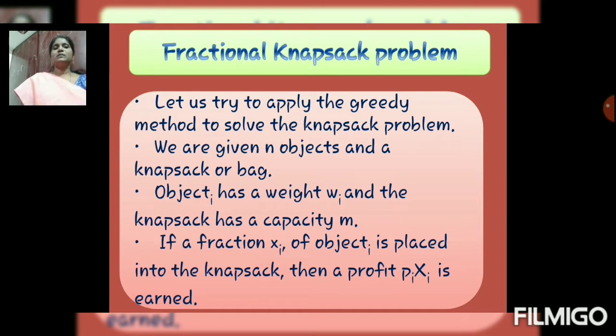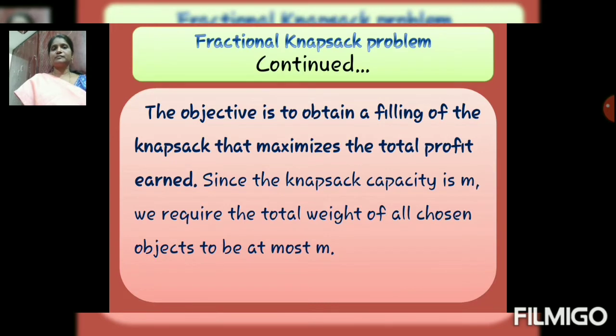So if a portion Xi of object i is placed into the knapsack, the profit Pi Xi is earned. How much portion you have taken, that much portion of profit you are gaining. As I said, the objective is to fill the knapsack so as to maximize the total profit. So the problem says when you fill up the bag, you'll gain a profit.